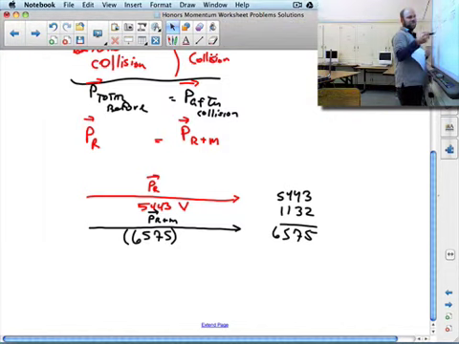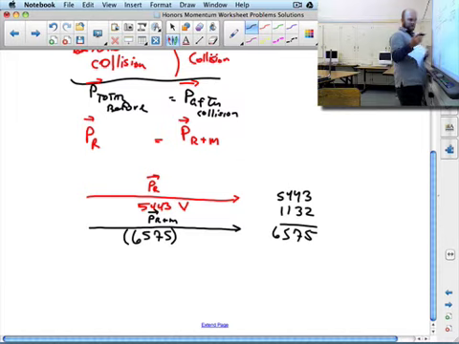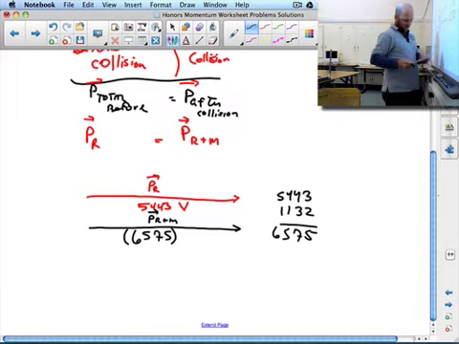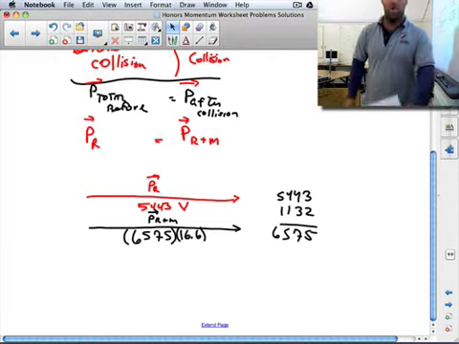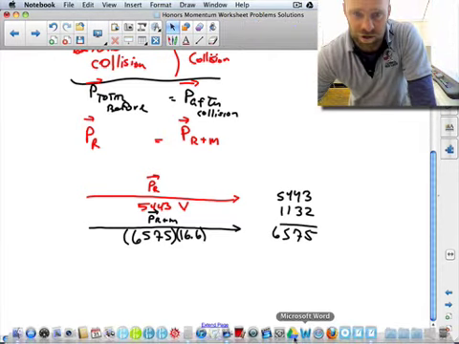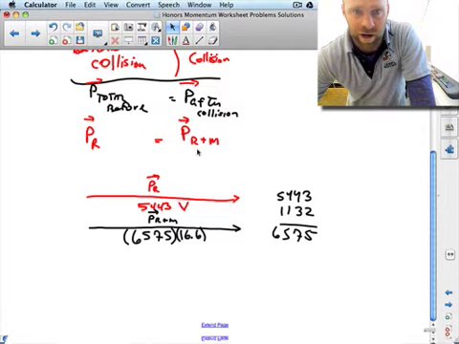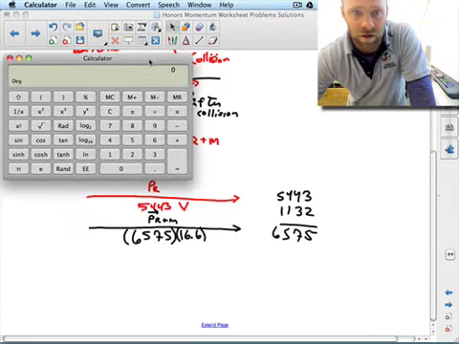So 6575 is total mass, and from the accident scene, police have determined, probably from the skid marks, that's how they do it, 16.6 is the velocity. So the momentum of the two cars after the collision will be those numbers multiplied. Let's see what that is.